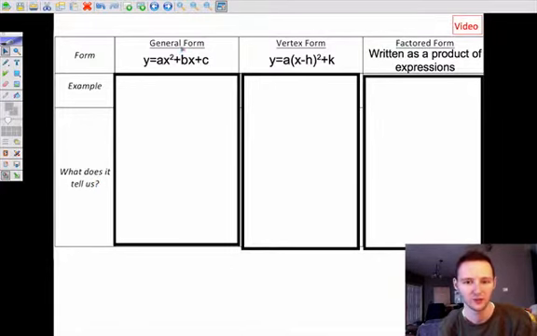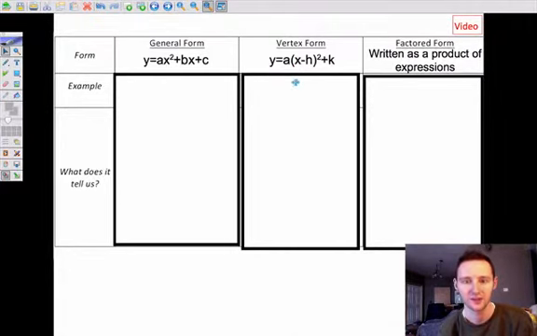So we'll start with vertex form since that's the one that we actually know. Here is the big fancy mathy way of writing vertex form. It's y equals a times x minus h squared plus k.